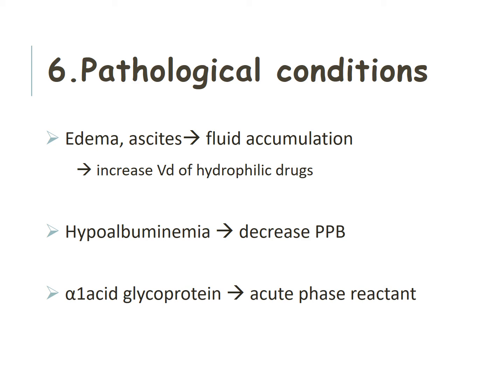And alpha 1 acid glycoprotein is an acute phase reactant. If there is any acute situation in the body, the alpha 1 acid glycoprotein concentration will increase, so plasma binding will increase. The drug which you administer will attach to this alpha 1 acid glycoprotein and the free amount will be reduced.